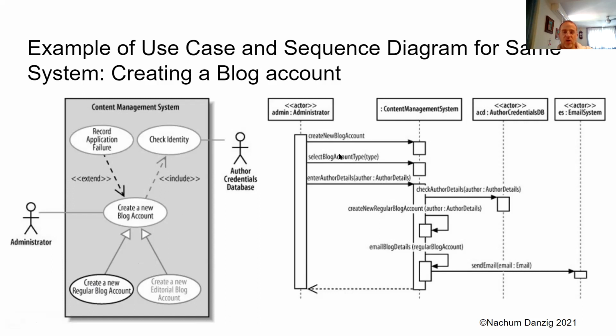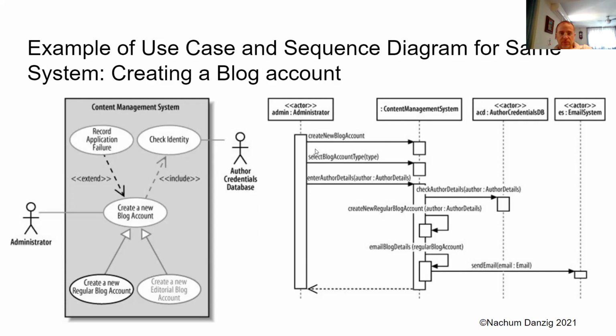Okay. So here we have the actor, the administrator, and he is creating a new blog account, and he's calling the content management system. We will see that it's translated as a class, some overarching class that has in it the whole system. It is responsible really for the life of all the other items, I would assume. Author credential database.